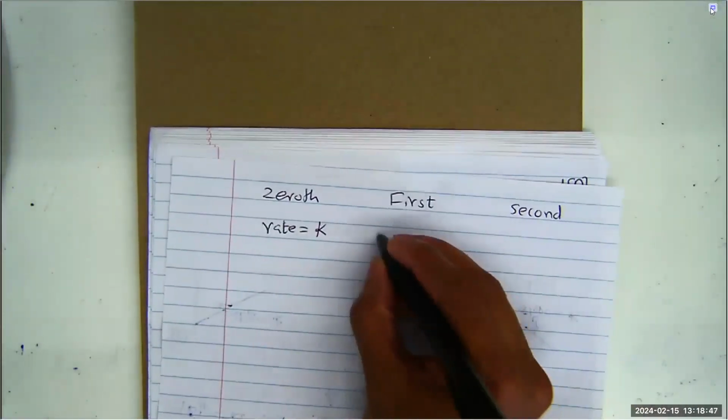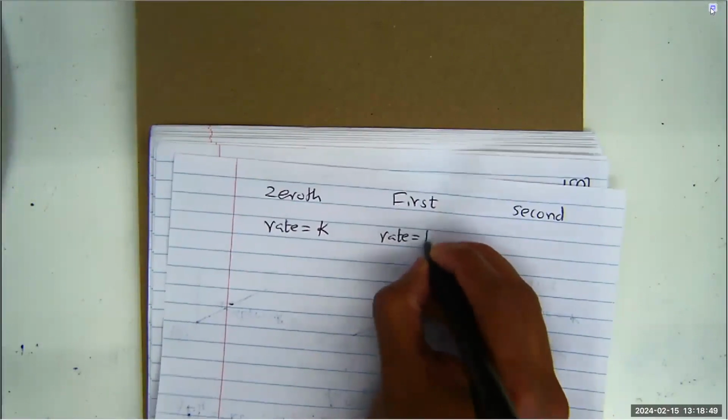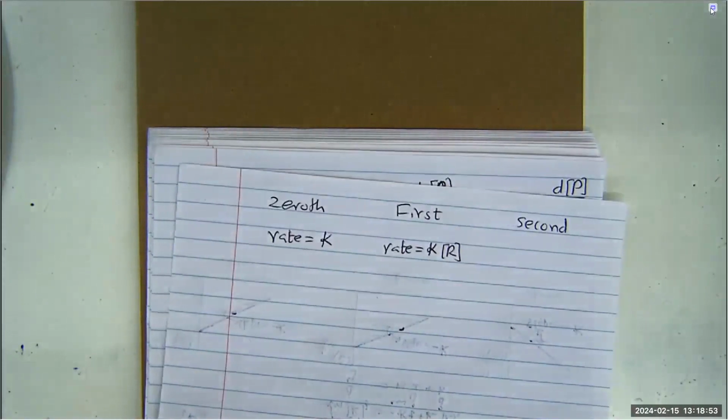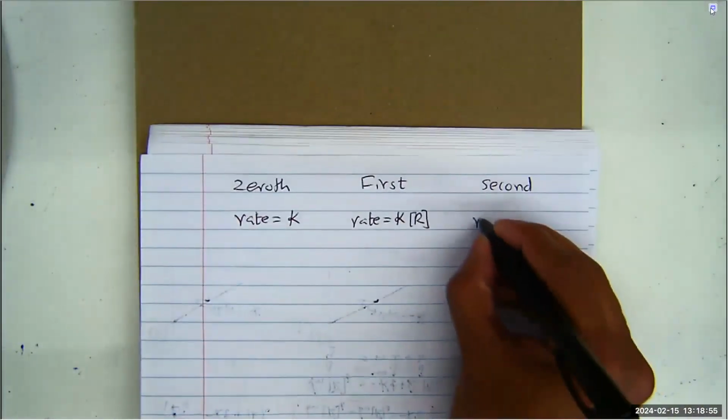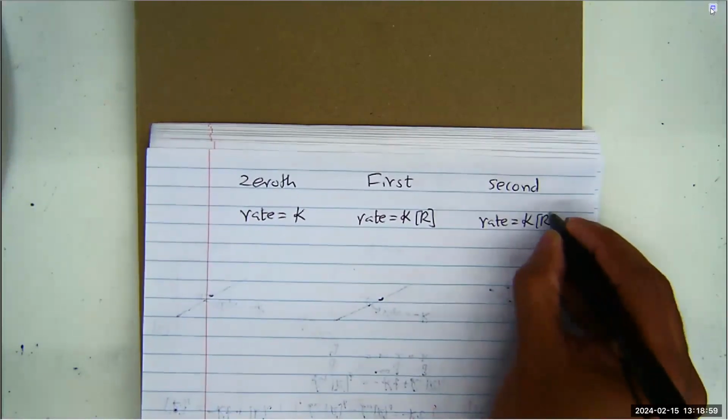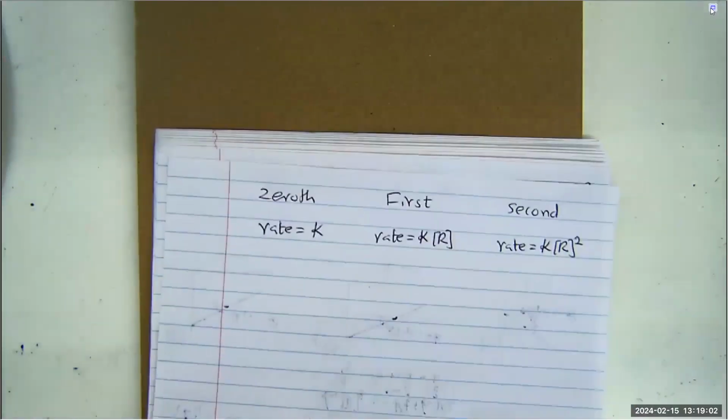For first order, rate is equal to the rate constant times reactant concentration. And for second order, rate is equal to the rate constant times reactant concentration to the power of 2.